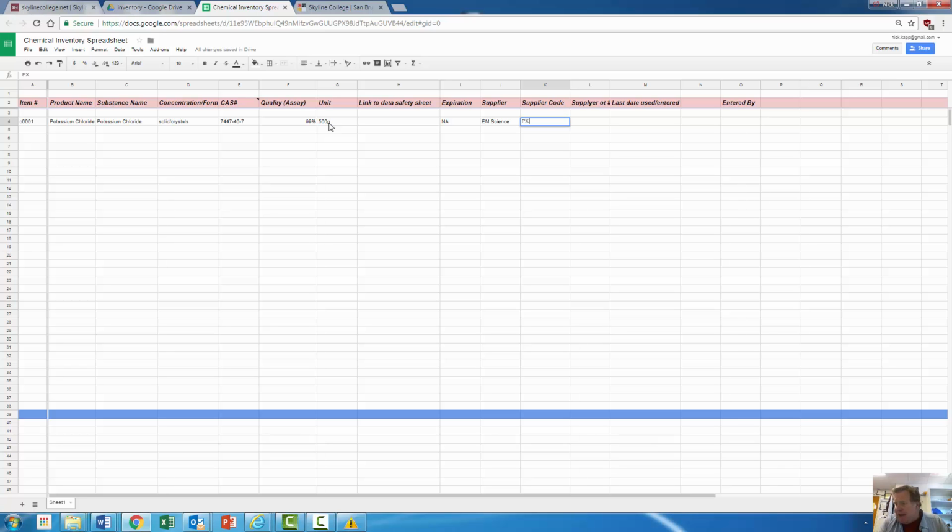Supplier code is PX1405-1. That's kind of security goes. So we're looking at the supplier number, and actually that should be supplier lot number.